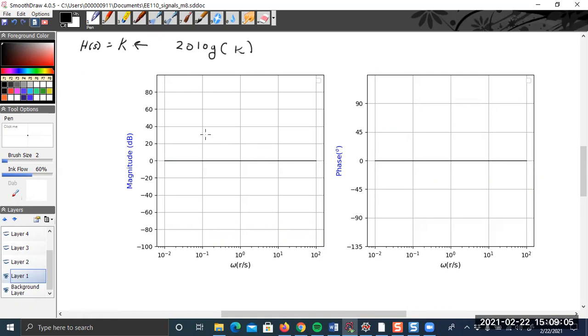Let's start doing some different colors here. We can have k equals 0.1, k equals 1, and then k equals 10, right?